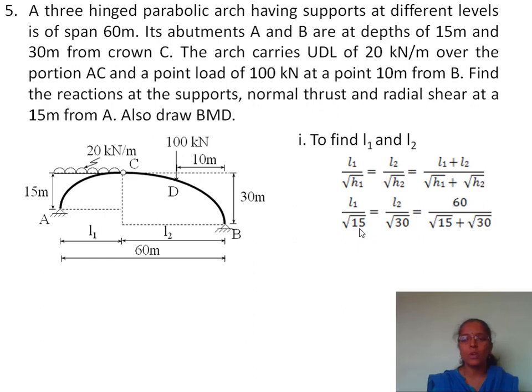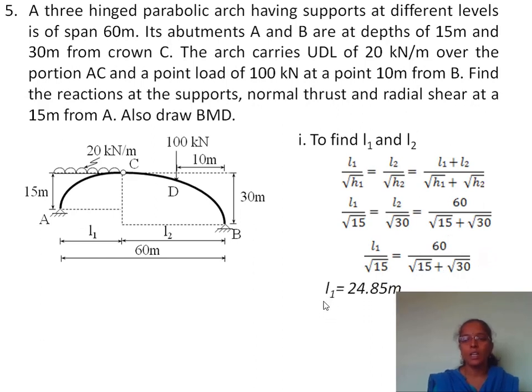Therefore L1 by root 15 is equal to L2 by root 30, that is equal to 60, since L1 plus L2 is 60, divided by (root 15 plus root 30). By equating two terms at once, we can calculate L1 and L2. By equating the first term and the last term, L1 by root 15 is equal to 60 divided by (root 15 plus root 30).